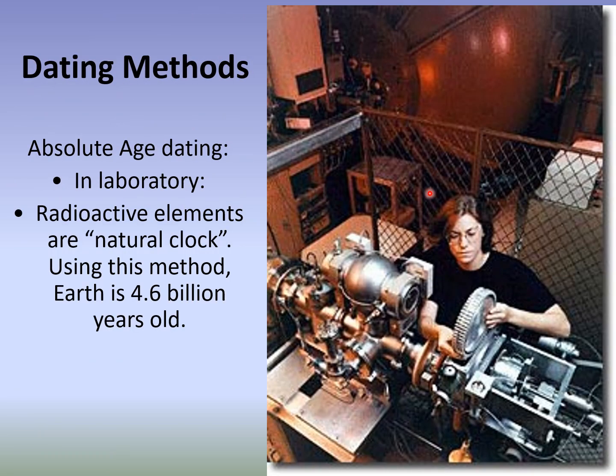So then you've got dating methods. So the absolute age dating, we do that in the laboratory. So this is when we're actually getting actual numbers for the ages of things. And we'll talk more about this in the chapter on geologic time, but this is done through measuring the decay of certain elements and the ratio of those elements versus the products they decay into. And when we do this, because things decay at a given rate, we know how much decay has happened, and so we know how old that is.